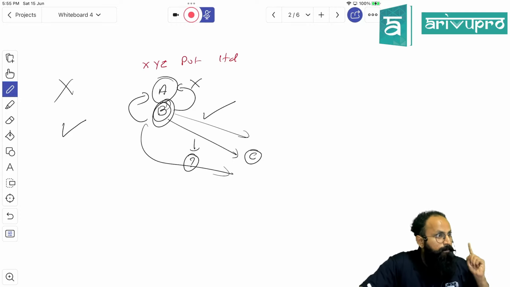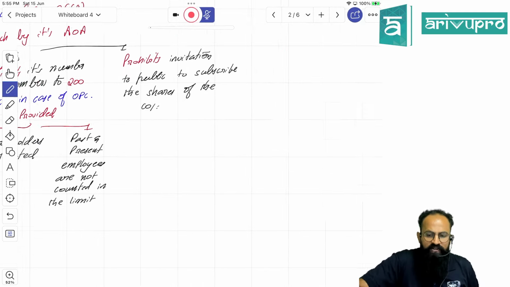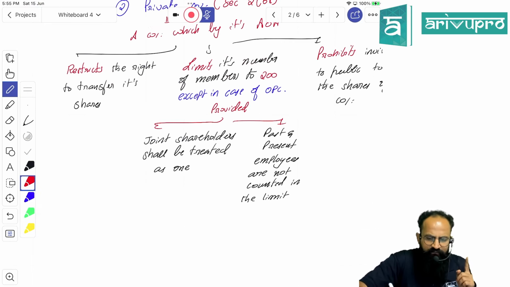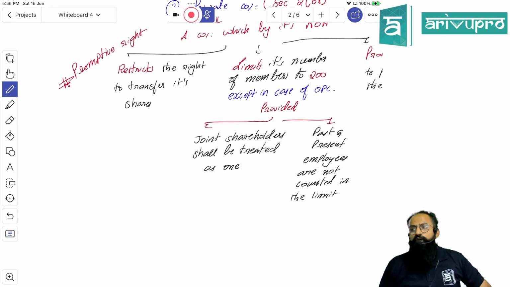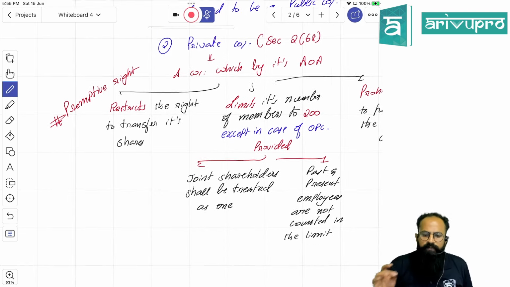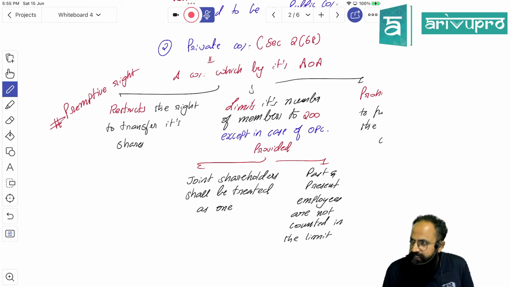Is this clear? In exam, remember, if they ask you a word, it's called preemptive right. Write it down there. What do you mean by a preemptive right?